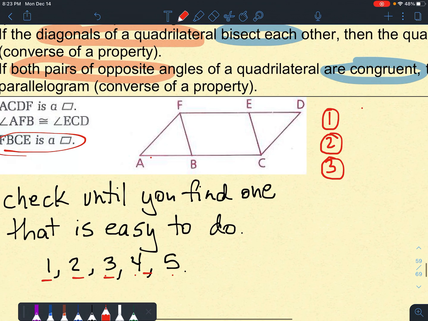Am I going to go for opposite sides are parallel, right? Well, in this case, not that one, but I want to look at the inner one, because I'm trying to show this is a parallelogram. Or I could say, I'm going to show that opposite sides are congruent. I'm going to show that one pair of opposite sides is both parallel and congruent.